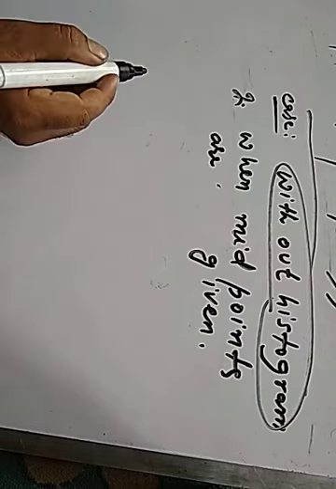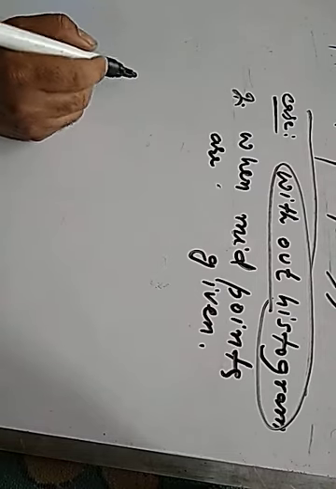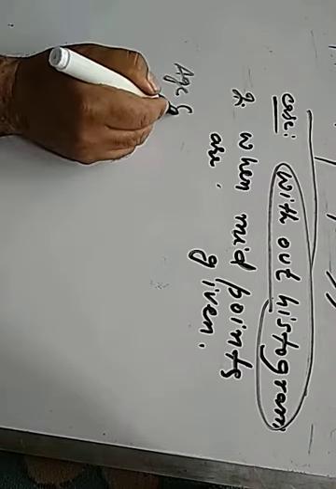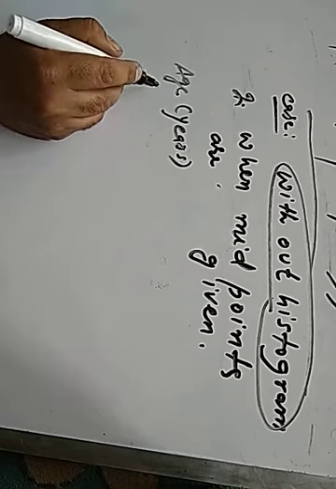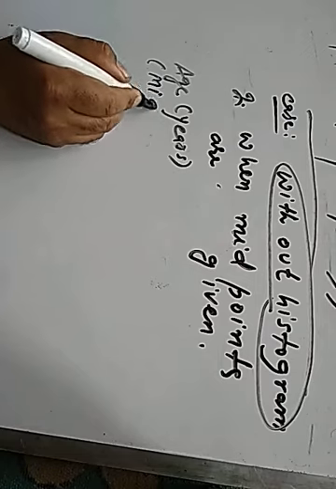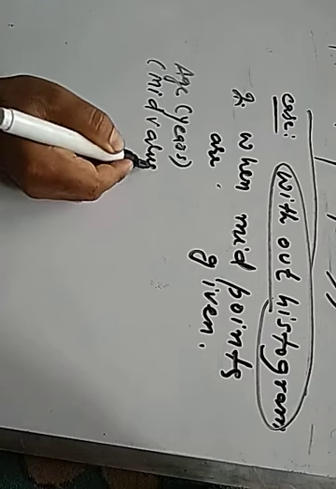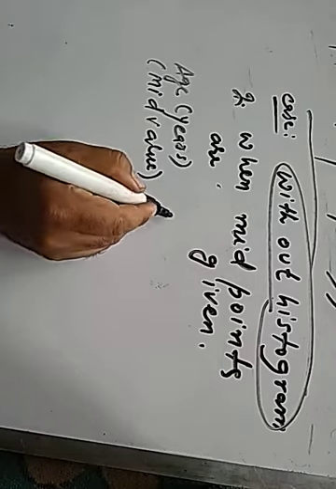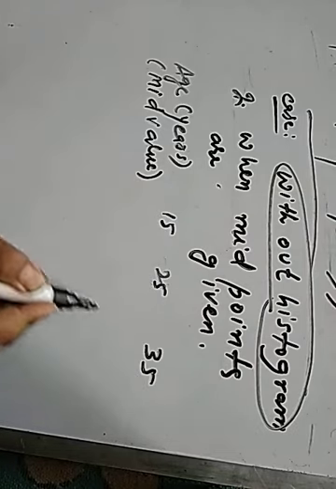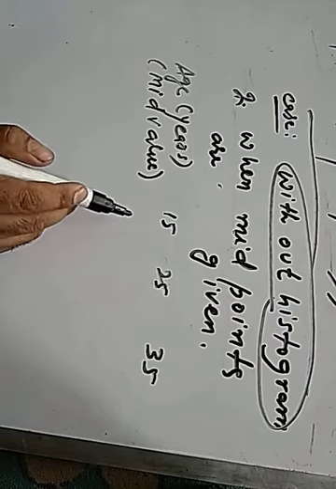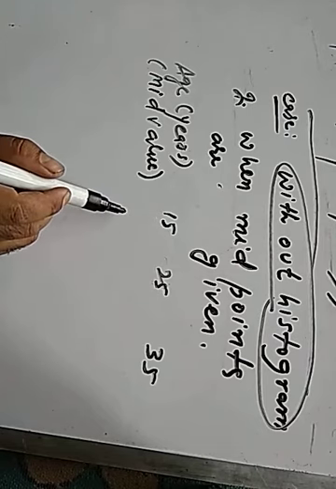For example, the variable we have is age in years, but its mid value is given, that is 15, 25 and 35. These are the mid values. This is not given in class intervals.